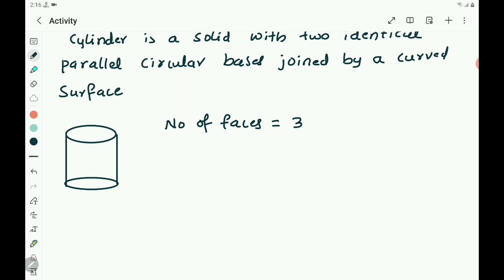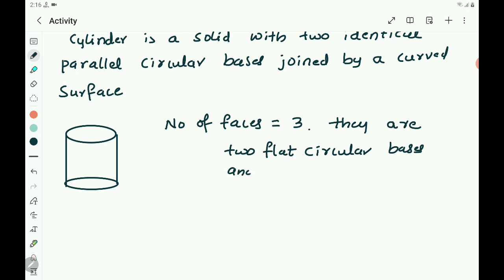So take, they are 2 flat circular bases and lateral surface is curved surface.